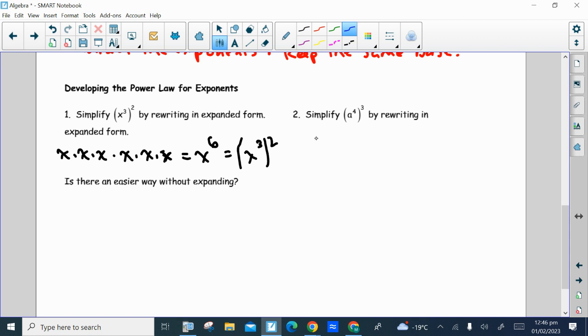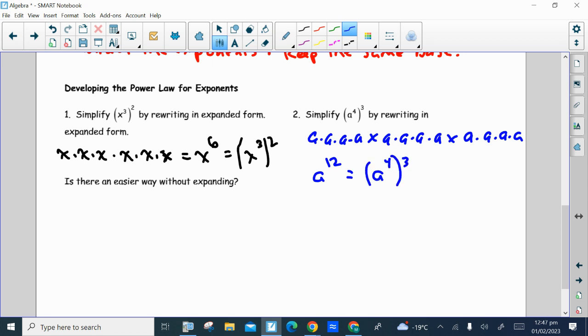And then a to the fourth all cubed, so there's 1 a to the fourth times a second a to the fourth times a third a to the fourth. Altogether, there are 12 a's that are multiplied together, so that's the same thing as a to the 12, which is equal to a to the fourth all cubed, what we started with. And so when you look at these two examples, and you might remember, whenever you have one power raised to another, you multiply the exponents and keep the same base.